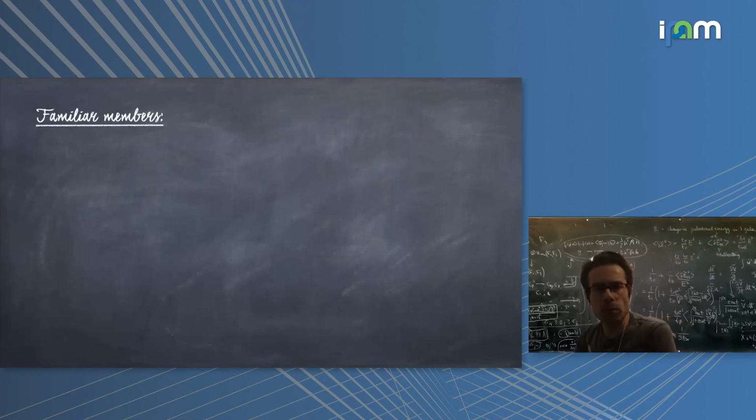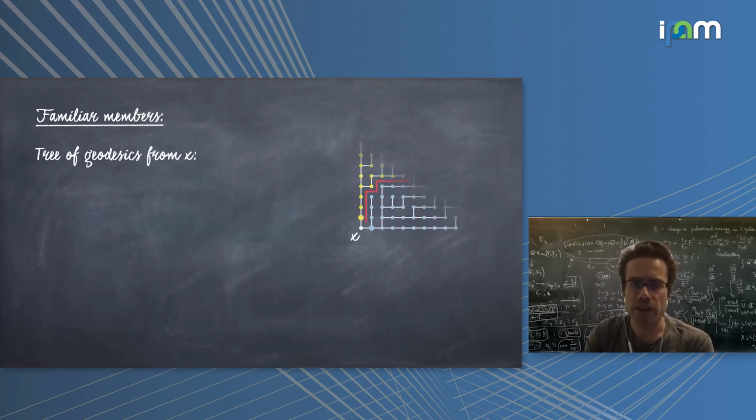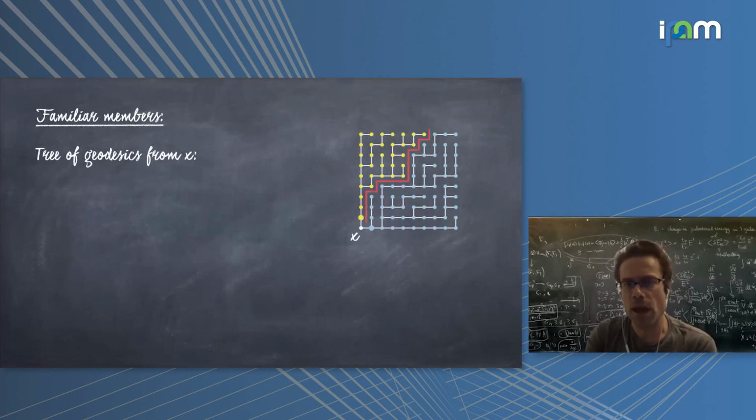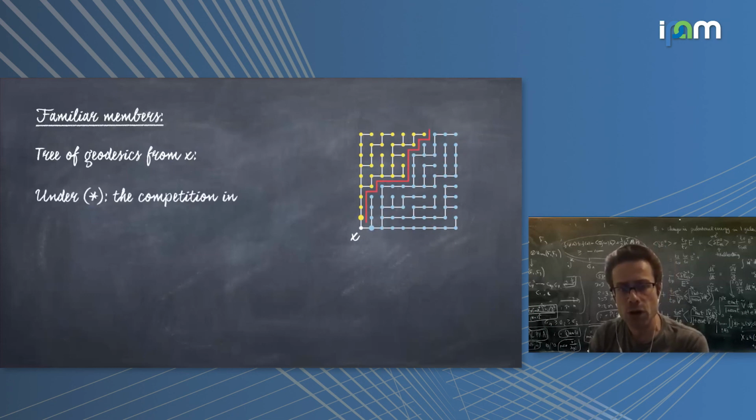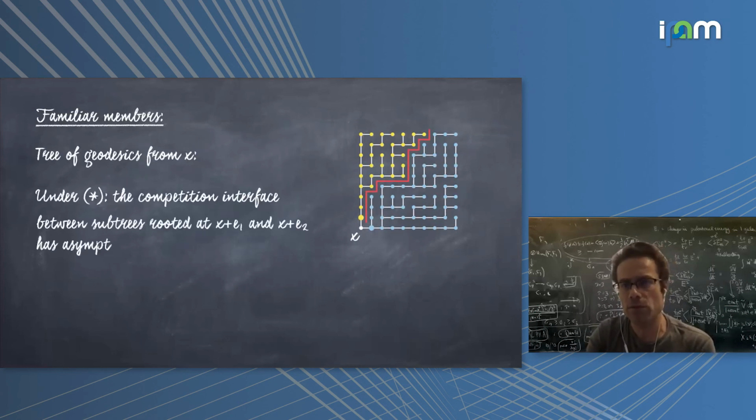Some familiar members of the set are the directions of the competition interfaces. If you draw the tree of geodesics from x to the various points, and you look at the interface between the trees rooted at e1 and e2, then under the nice assumption that interface has a random direction. It has a law of large numbers.